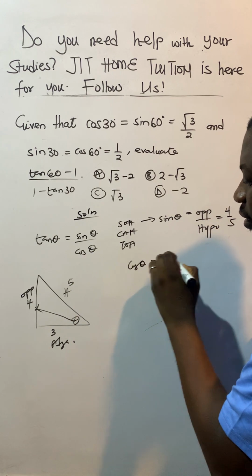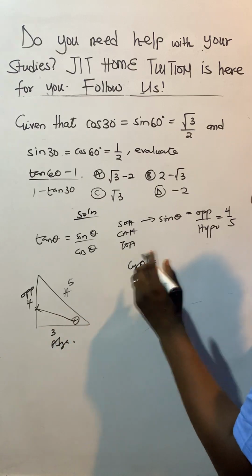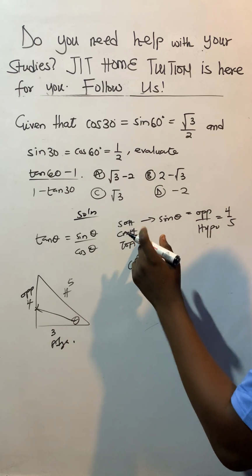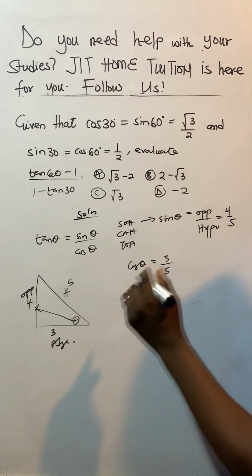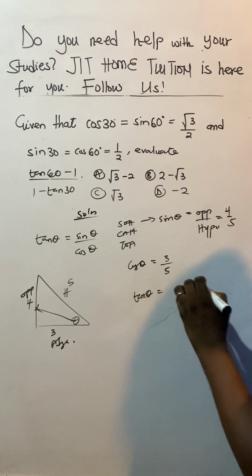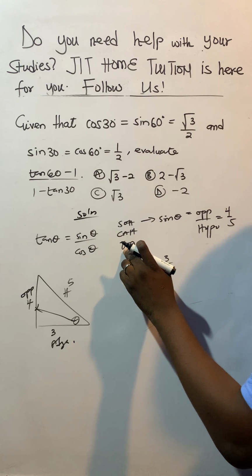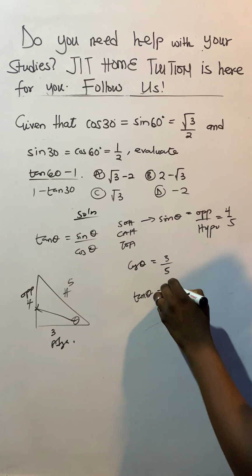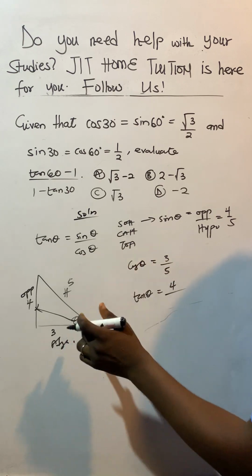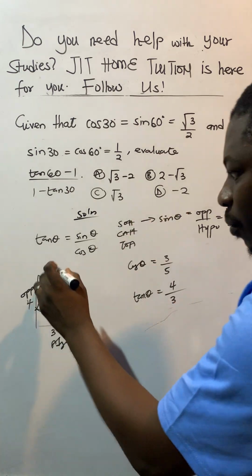Cos theta is adjacent over hypotenuse, which is 3 over 5. Tan theta is opposite over adjacent, in this case 4 over 3.